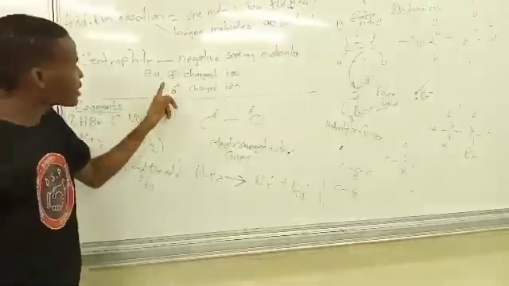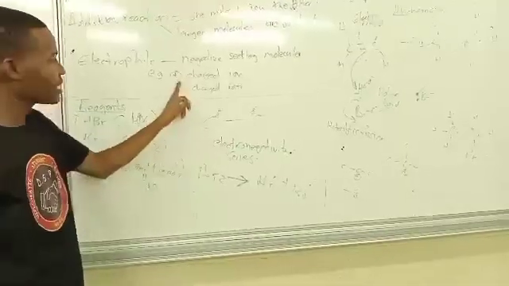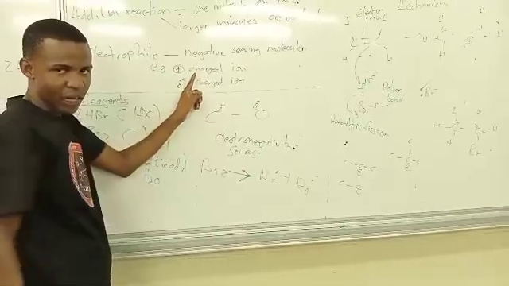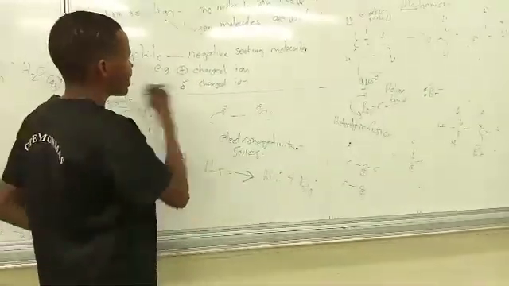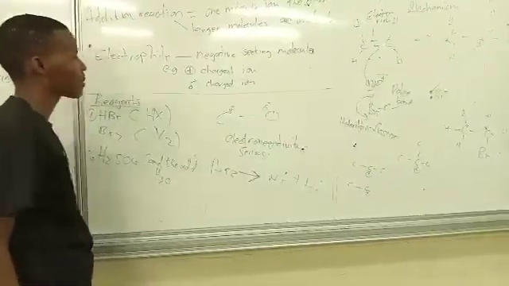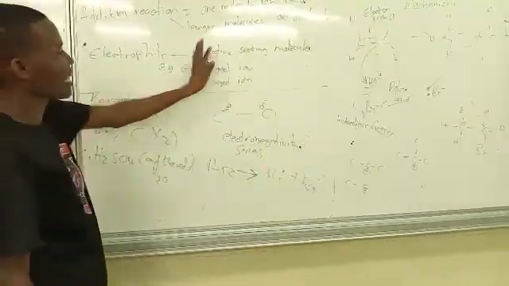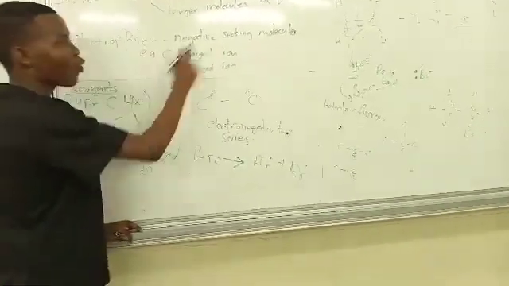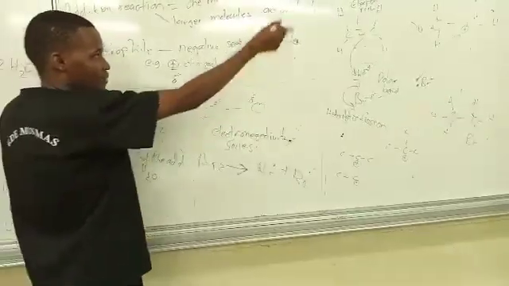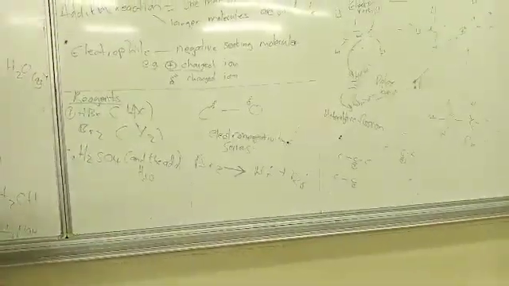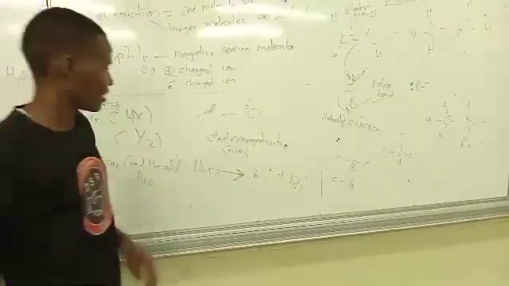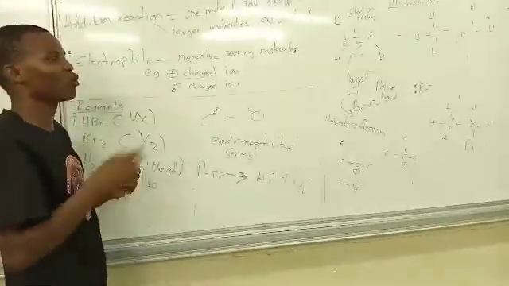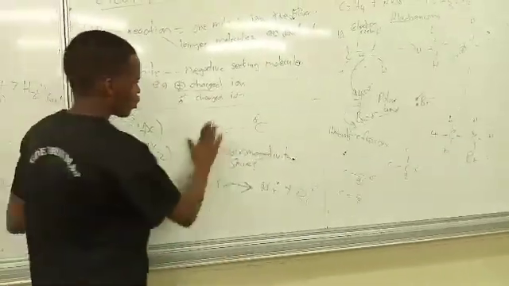You know that a positively charged ion or molecule always seeks a negatively charged molecule. Sometimes these molecules are partially charged, and a partially charged molecule is also going to seek a negative molecule.